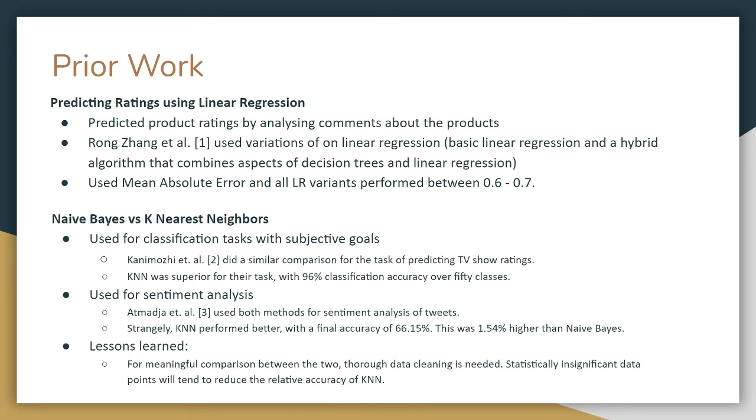Comparing naive Bayes to KNN, KNN outperformed naive Bayes in both of these experiments listed, however, not always by that big of a margin, and sometimes KNN was shown to be worse performing the more noisy, statistically insignificant data there was, so both of these studies came with that sort of caveat.